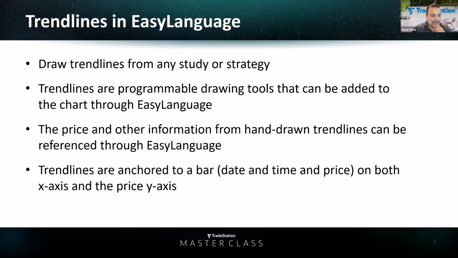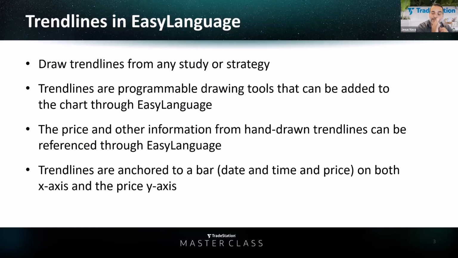Trend lines are anchored to a bar, date and time and price on both the x-axis and the price y-axis. When you draw a trend line, of course, you're going to choose a certain point on the chart. And that point that you click on is going to align with one of the candlesticks on the chart.